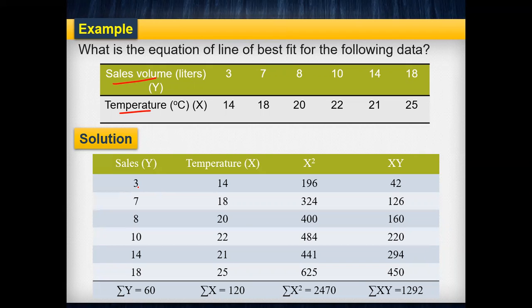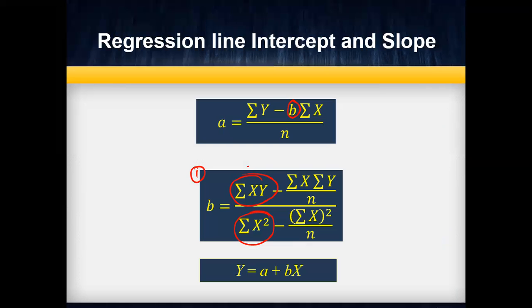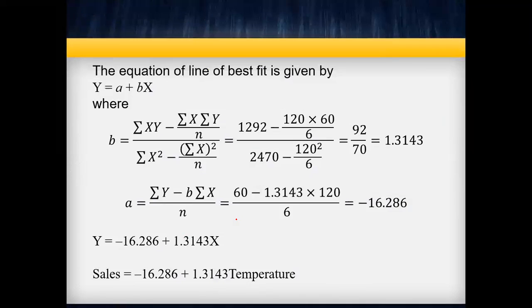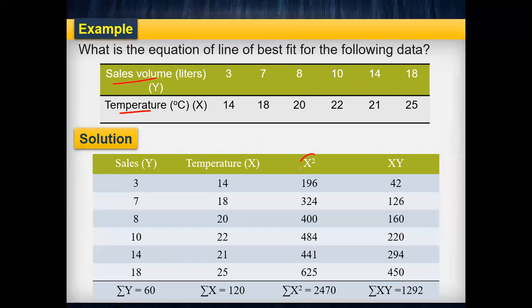Now you have X and Y. According to the formula, we need X, Y, their product, and the summation of X square. So let me calculate these two columns. First I calculated X square, then I calculated XY, and we get the sum of all. Just two columns you need to prepare.